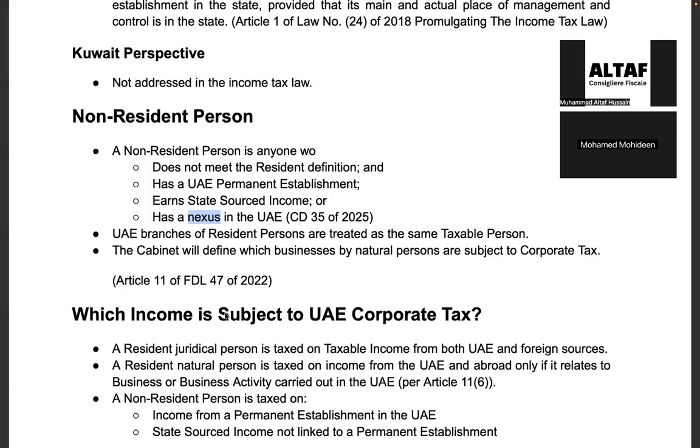In those rules, if the nexus has been hit, if the sales have already reached $100,000 in the implementing state, then the person is required to register for VAT in that other implementing state. We can park it and discuss it after the call, but I was trying to make a point here that nexus does have impact.